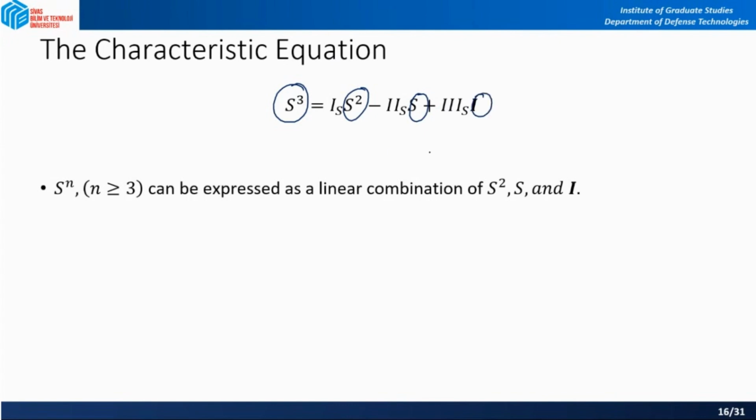So actually there is no need to calculate S cubed. In fact, the theorem says it is true for any power of S greater than 3 as well. So S to the n, where n is greater than or equal to 3, can be expressed as a linear combination of S squared, S, and I.